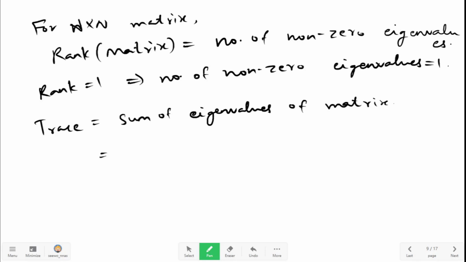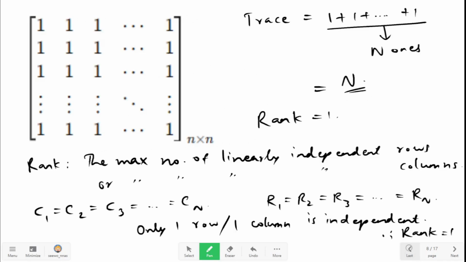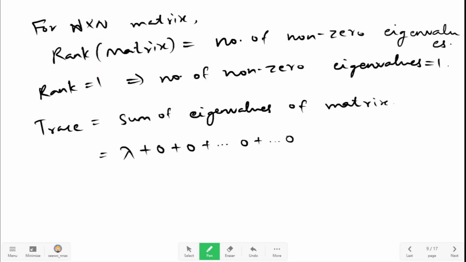Now only one eigenvalue is non-zero. Let us say it is lambda. All the other eigenvalues are 0. The trace of the given matrix we found to be equal to capital N. Therefore we have n is equal to lambda plus 0 plus etc. There will be n terms like this in total.